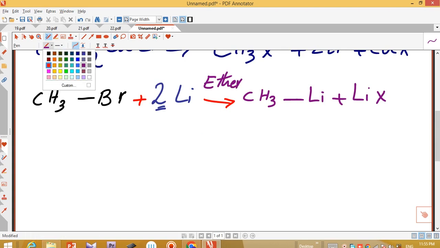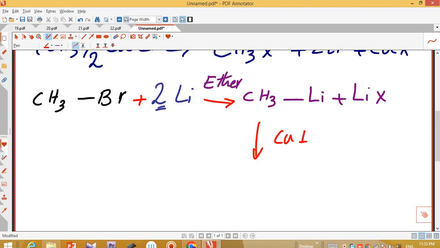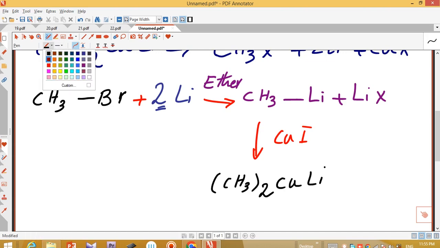You can take two different sources in order to understand the mechanism of this type of reaction. So we will have copper iodide here. If you, my friends, could not find the mechanism of this reaction, please leave in the comments that you could not find it, and I will talk about the mechanism of that later.